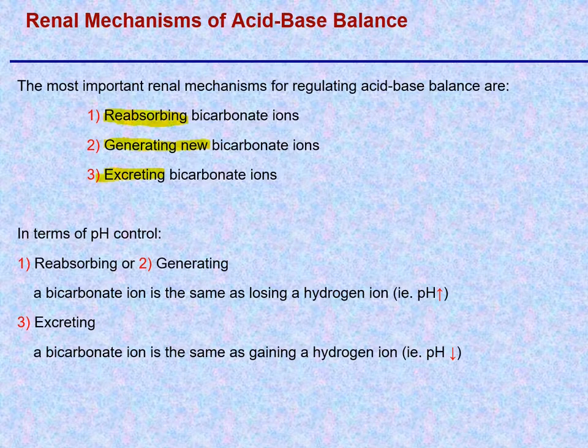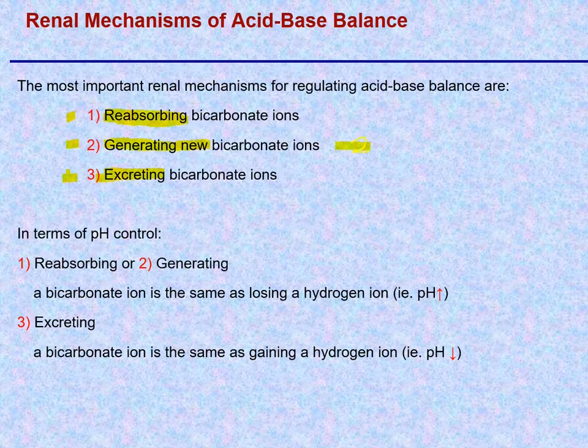And we'll deal with these each individually. There's actually two mechanisms that can generate new bicarb, and I'll cover those. So, reabsorption, generation of a new one, or excretion of bicarb.